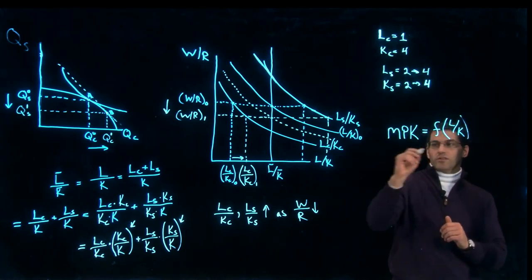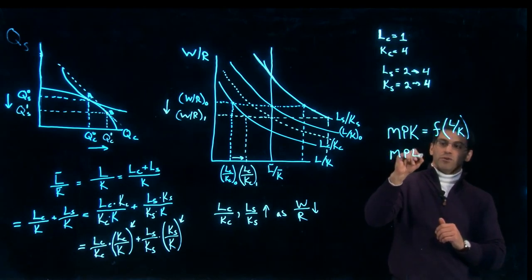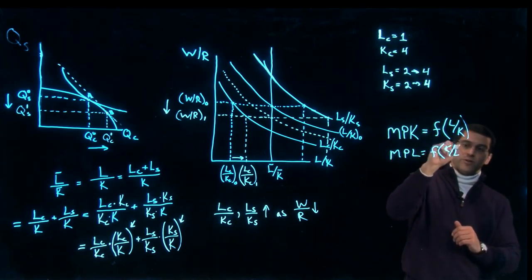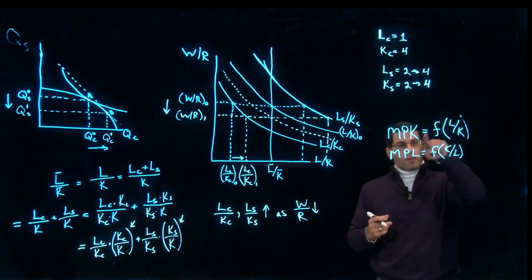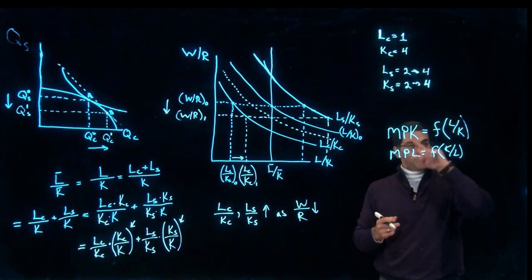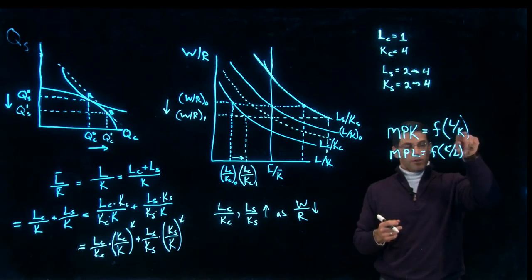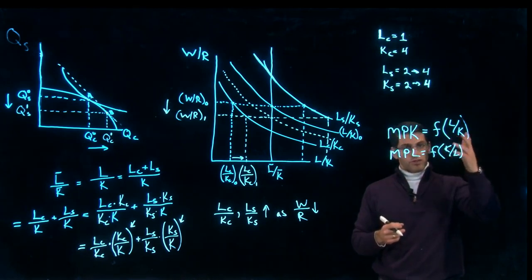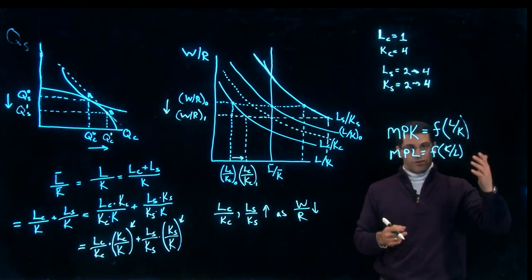And likewise, right, the marginal product of labor will be a function of the capital to labor ratio, the other way around, just because the marginal product of capital increases as the labor to capital ratio increases, whereas the reverse is going to be true for labor, right? The marginal product of labor will increase as the capital to labor ratio increases.